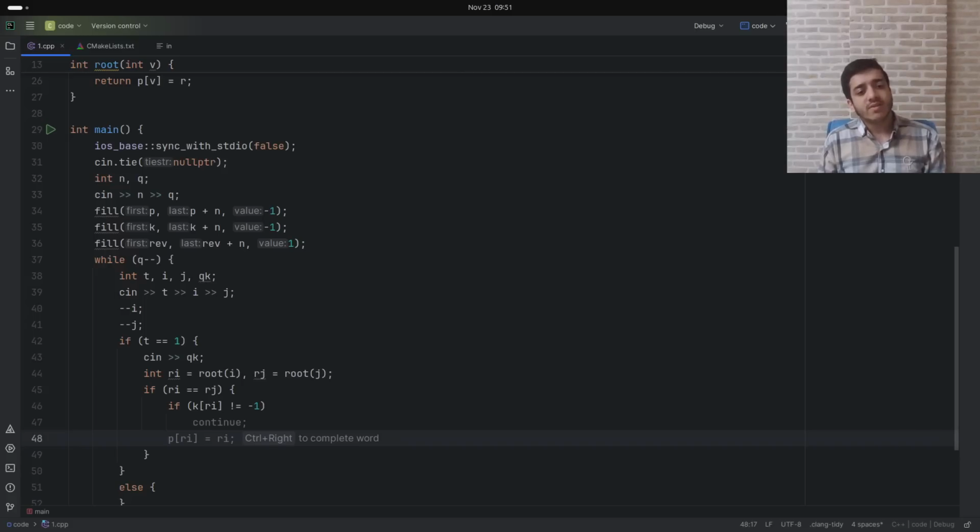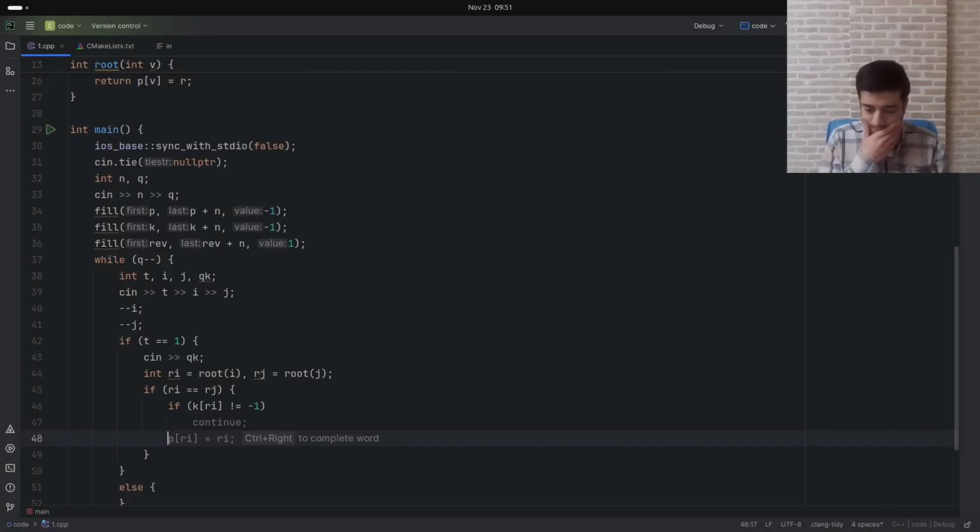We can find the root if the distance between I and J is even. Otherwise, I think we can't find it.